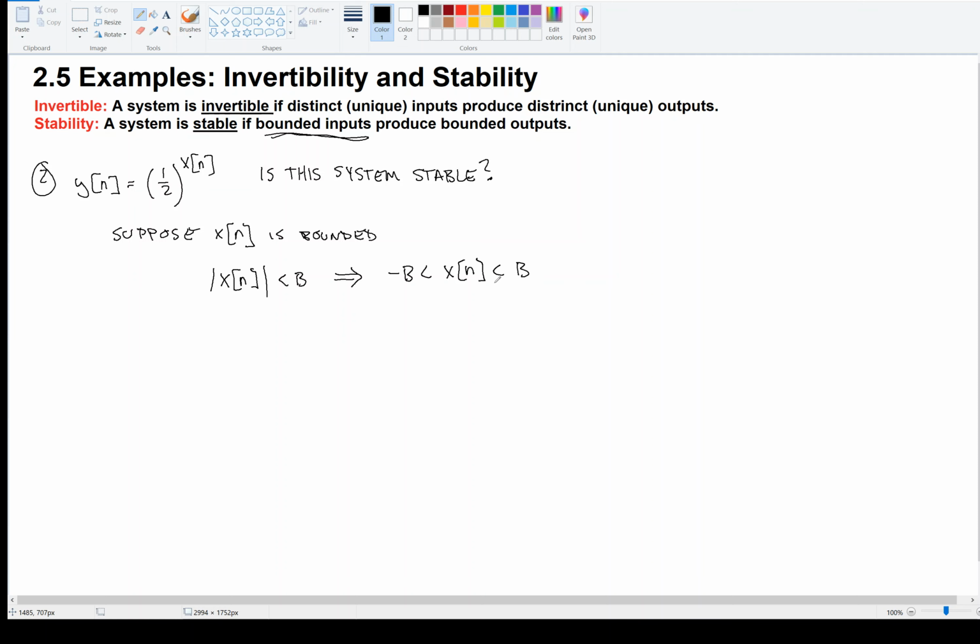Okay, so now with this, and I'm trying to make it look like my system input-output relationship, if I raise all of these things to a base of 1/2, then I have something like this: 1/2 to the minus b is less than 1/2 to the x[n], and that's less than 1/2 to the b.